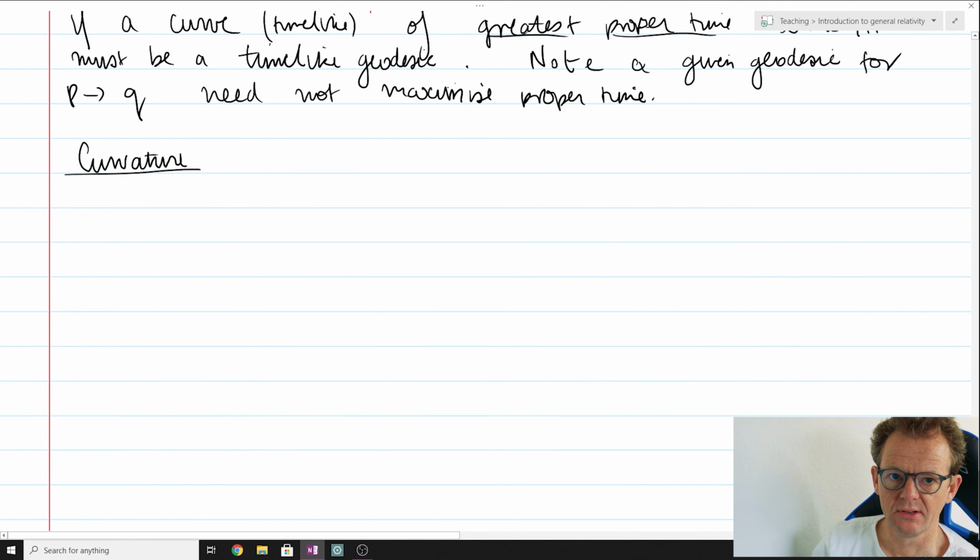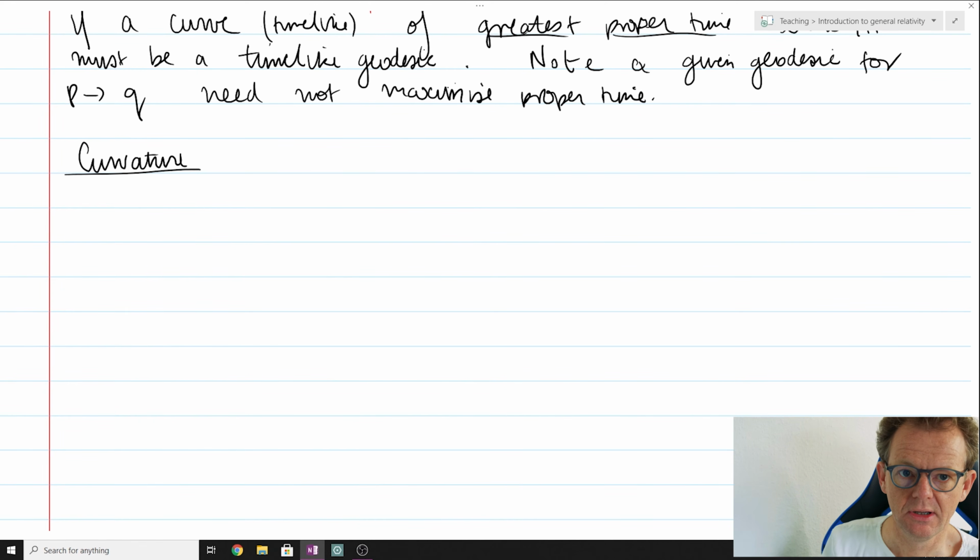Our next topic is that of curvature of manifolds. So we've now reached the point where we've assembled enough mathematical foundations to be able to discuss in an intrinsic fashion the curvature of a manifold. And this is a key ingredient in Einstein's general theory of relativity.